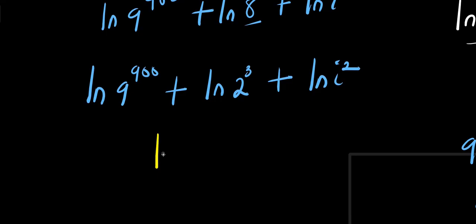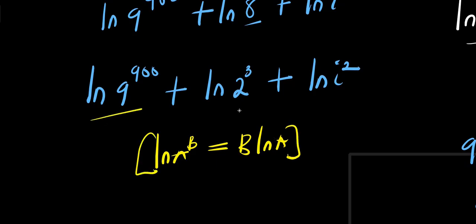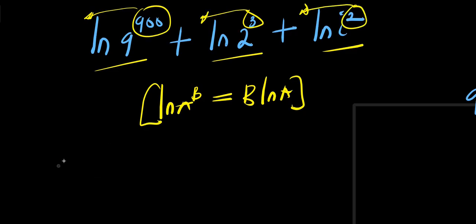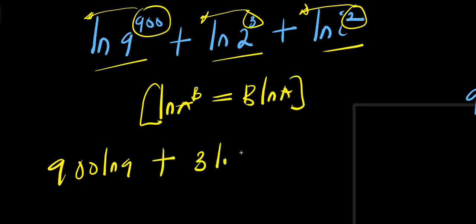Don't forget that if you have natural log of A^B, this equals B times natural log of A. Applying that here, here, and here, the 900 will come in front, 3 will come in front, and 2 will come in front. So you have 900 times natural log of 9 plus 3 times natural log of 2 plus 2 times natural log of i.